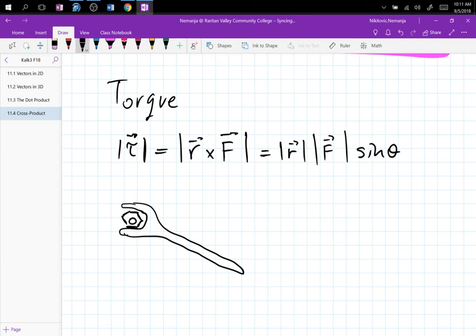What do we have? The torque goes here. What I have between here and here is the radius. Well, maybe I should draw here. R. And over here, I have the force F.